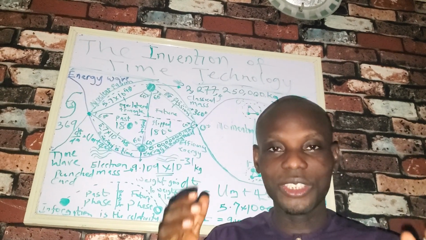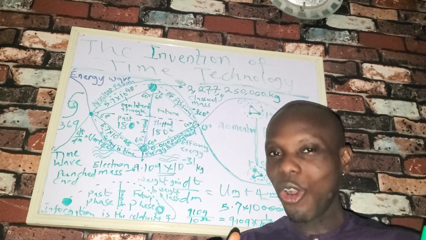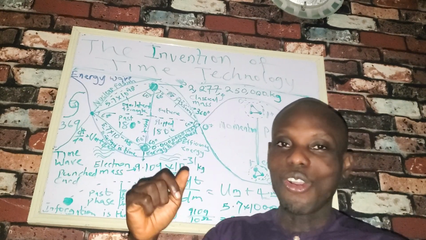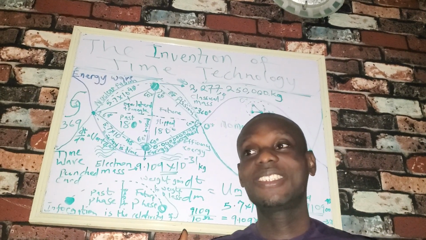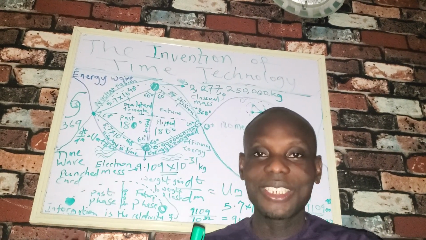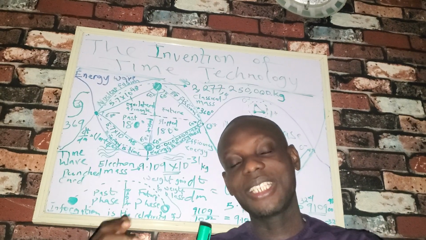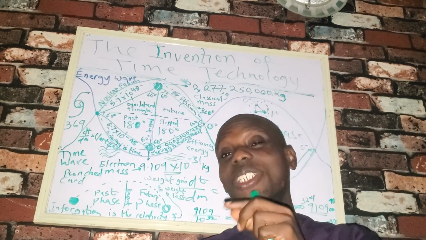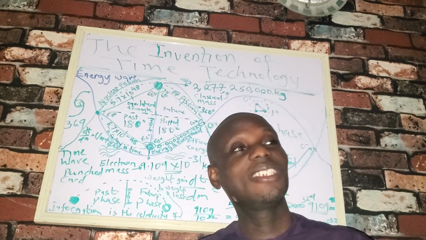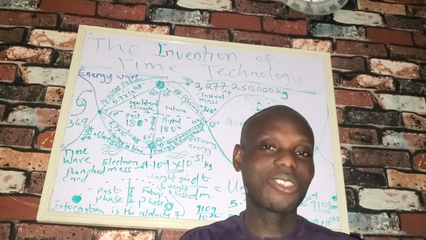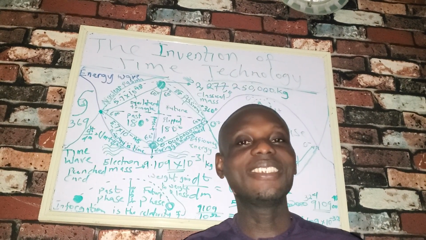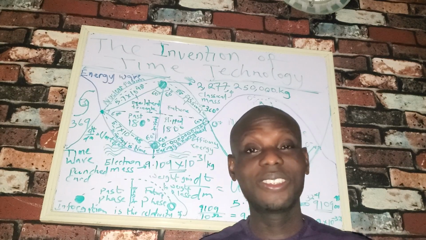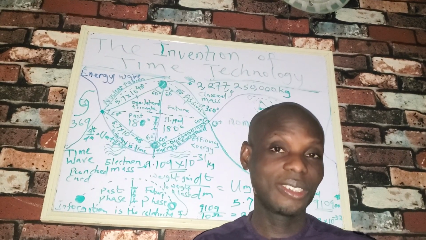The difference is that the particles in the solar corona are vibrating more aggressively than the particles on the surface of the sun, and that is where the temperature differs.